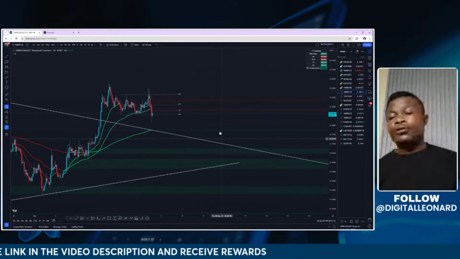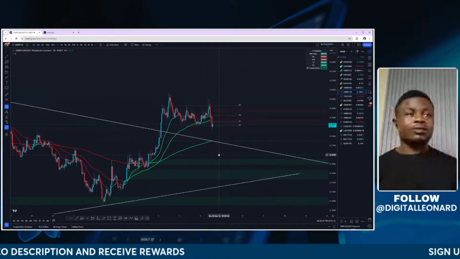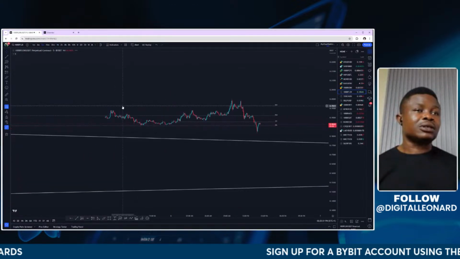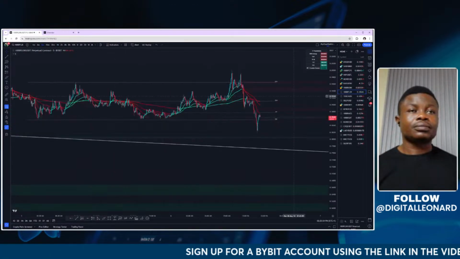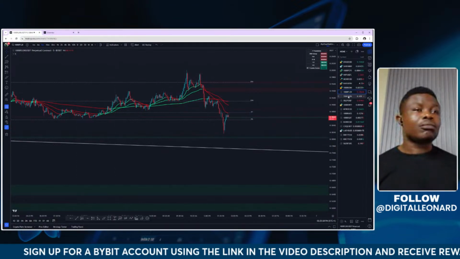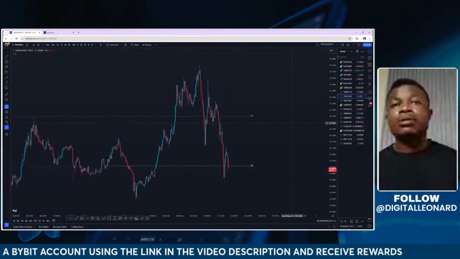Okay, so for Floki, no trade setup yet. But I'll be paying attention to this and see what happens. Let's look at the gun.